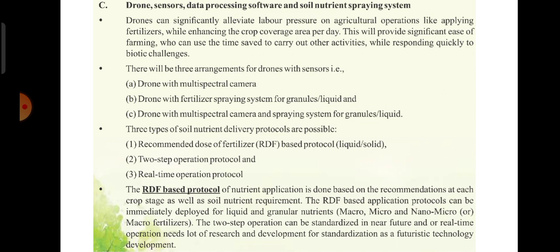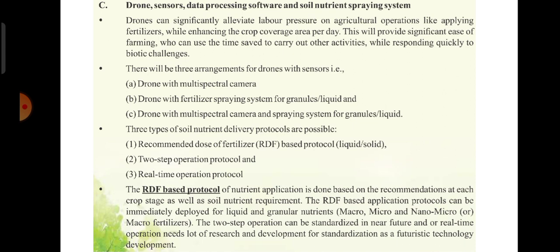Drones can significantly alleviate labor pressure on agriculture operations, like applying fertilizer, while enhancing crop coverage area per day. This will provide significant ease of farming, who can use time saved to carry out other activities while responding quickly to biotic challenges like pests and diseases.